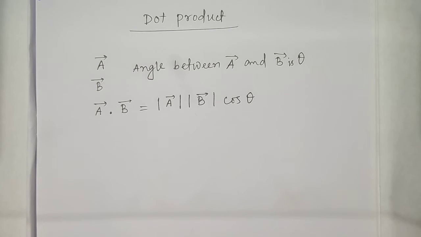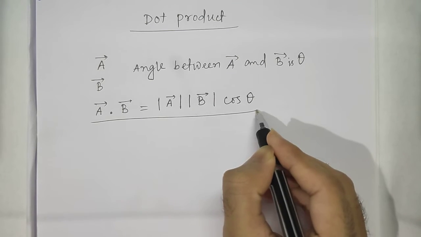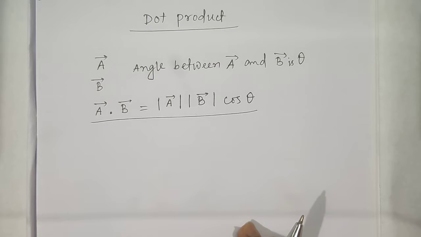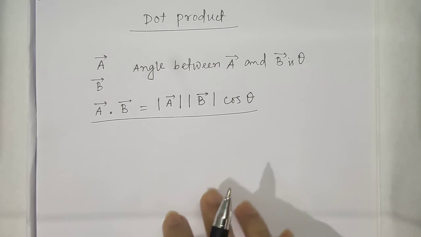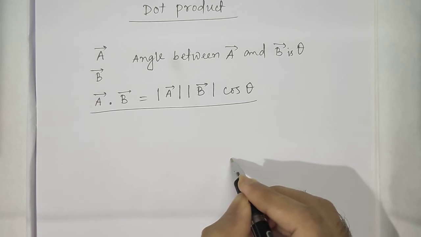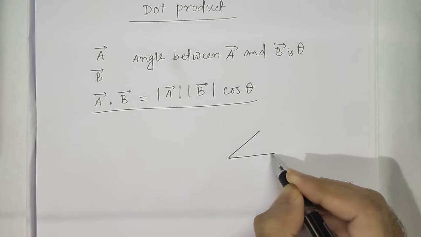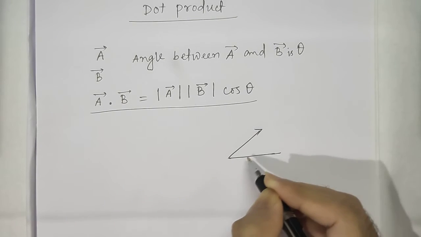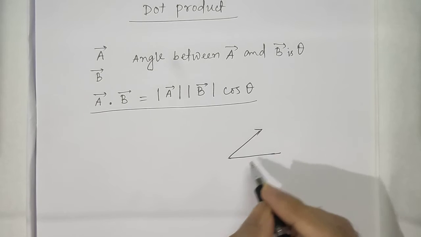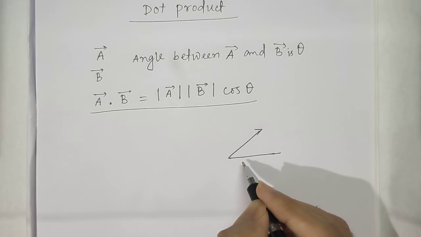Okay, we have discussed the formula, but what is the physical significance, or what does it really mean? Let's find out. We have two vectors. I am drawing this for convenience with the starting point of vector A and vector B being the same, but they can be different.